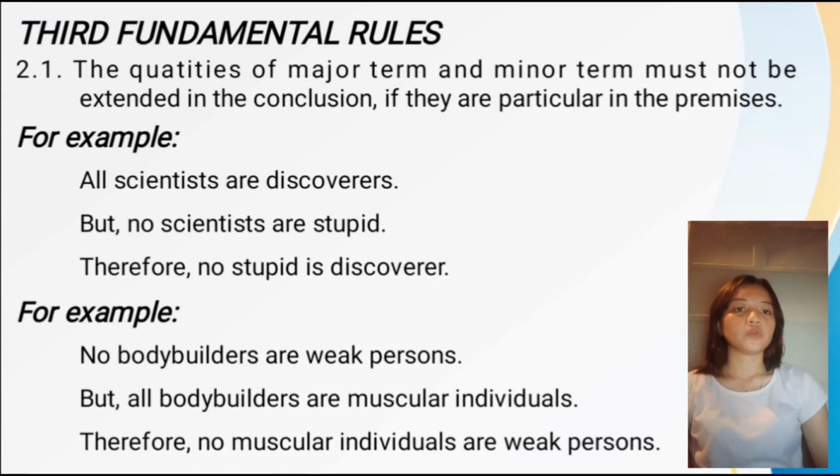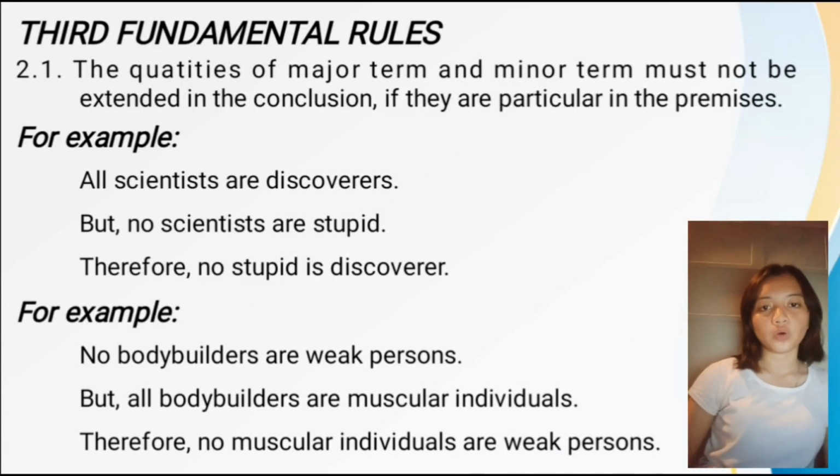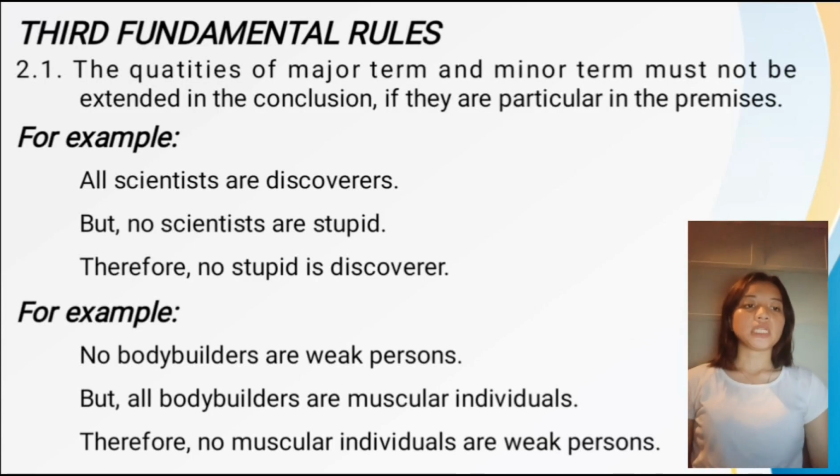So let's proceed to the second example. No bodybuilders are weak persons, but all bodybuilders are muscular individuals. Therefore, no muscular individuals are weak persons. So, in the premises provided, it is stated that no bodybuilders are weak persons and all bodybuilders are muscular individuals.